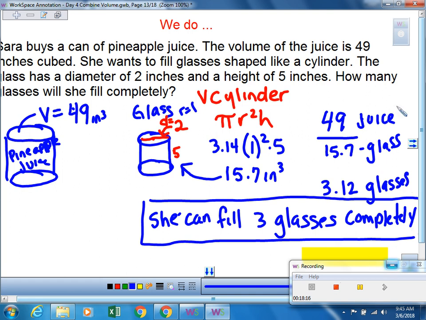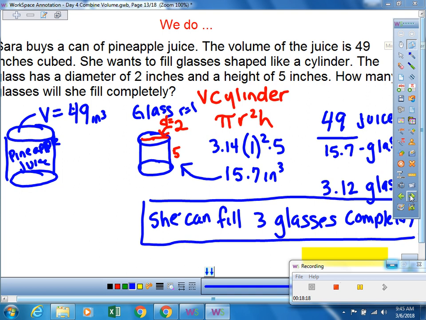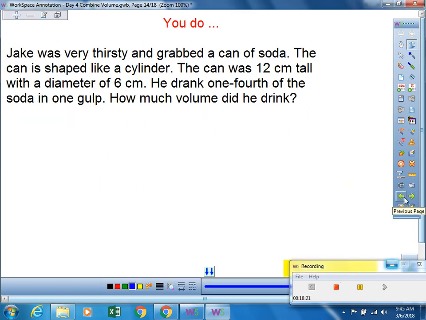All right, next up. You try one. Jake was thirsty and grabbed a can of soda. The can is shaped like a cylinder. The can was 12 centimeters tall with a diameter of 6 centimeters.